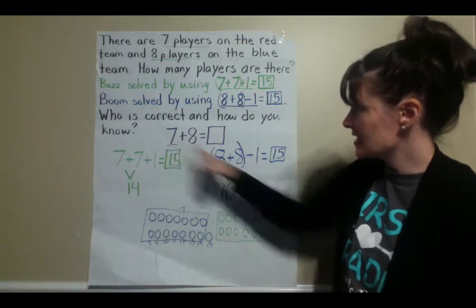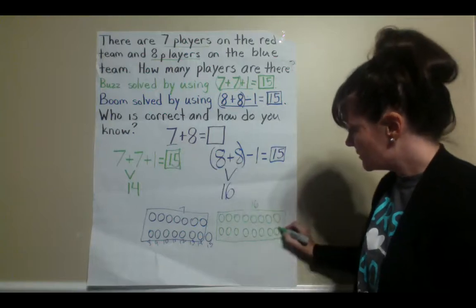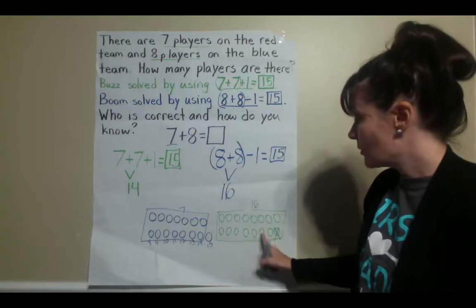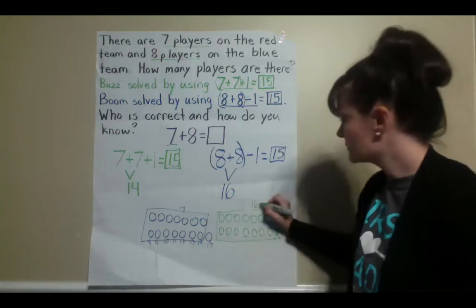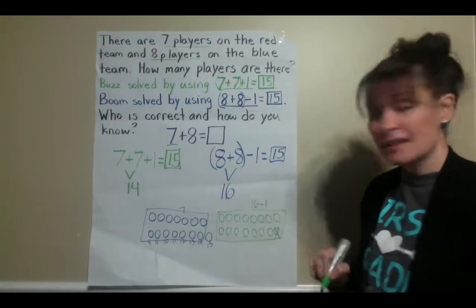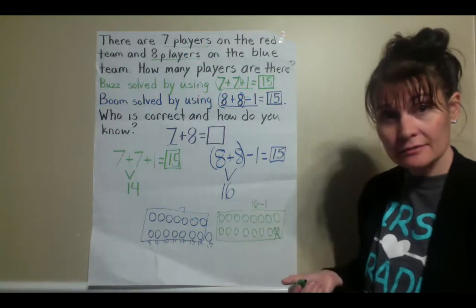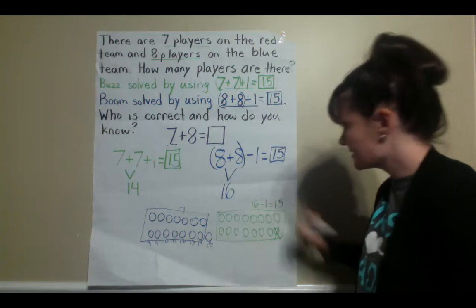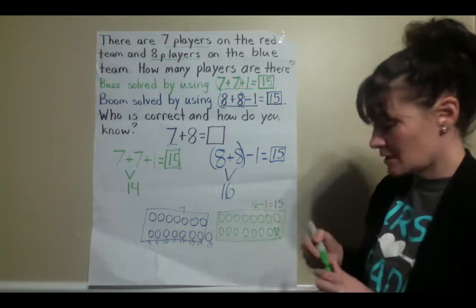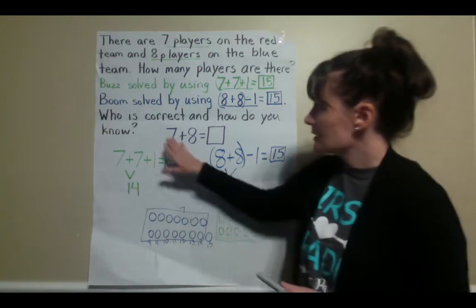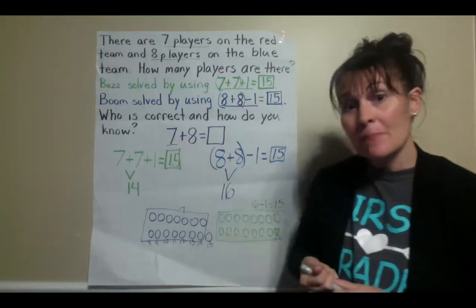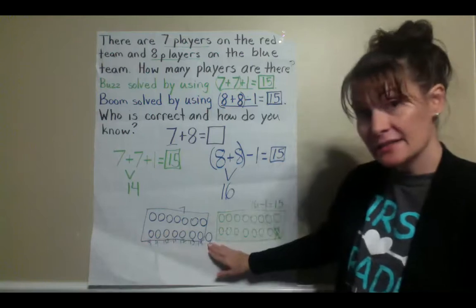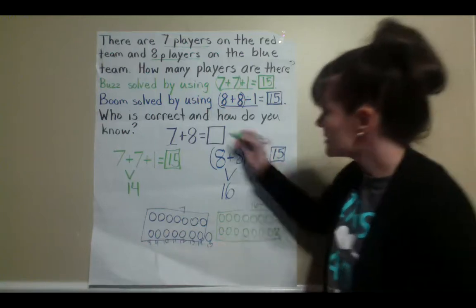So that 7 is 1 less. So when I mark 1 less, what is my answer? What is 1 less than 16? That's right. It's also 15. So, 7 plus 8 must be, because I had 7 and I added 8, and my answer was 15.